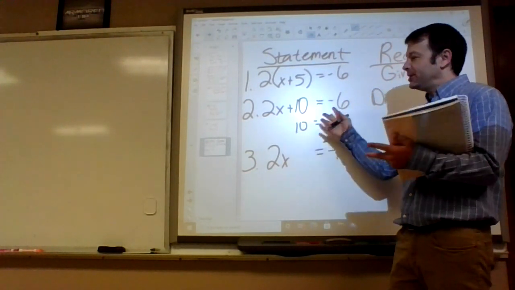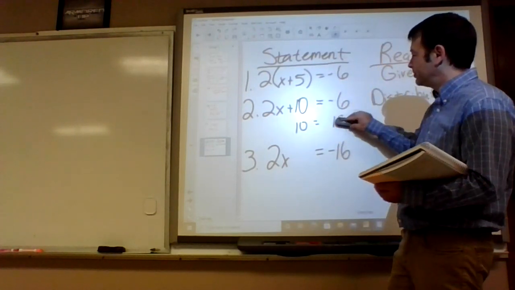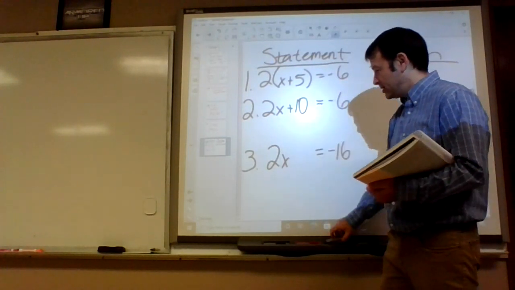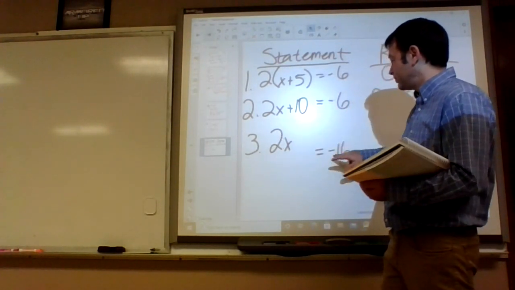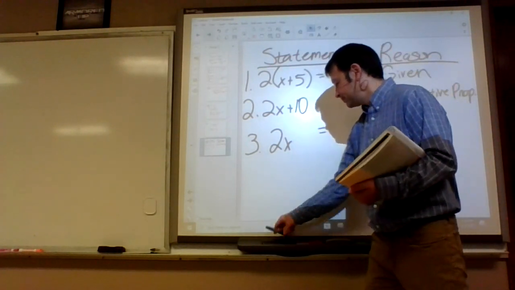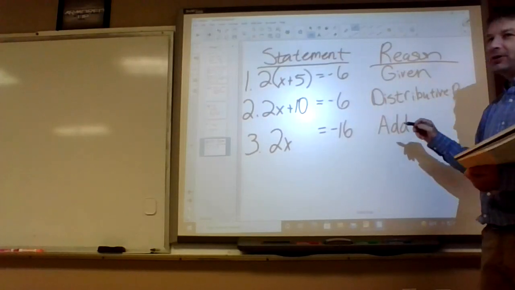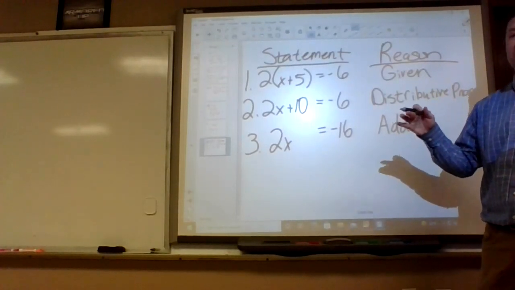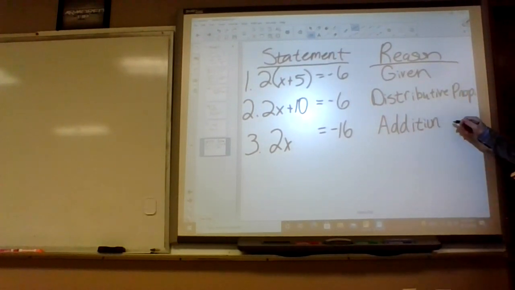Just as a reminder, when we get to geometry, that's usually what comes next when you're about to subtract something from both sides. What did you guys say? Addition property of equality. Some books call it the subtraction property of equality, but adding negatives is the same thing as subtracting.